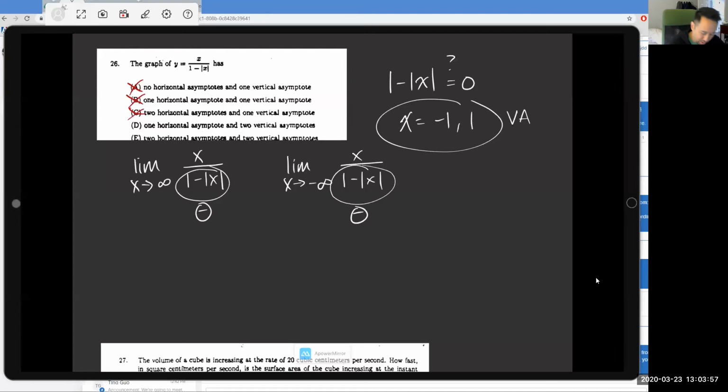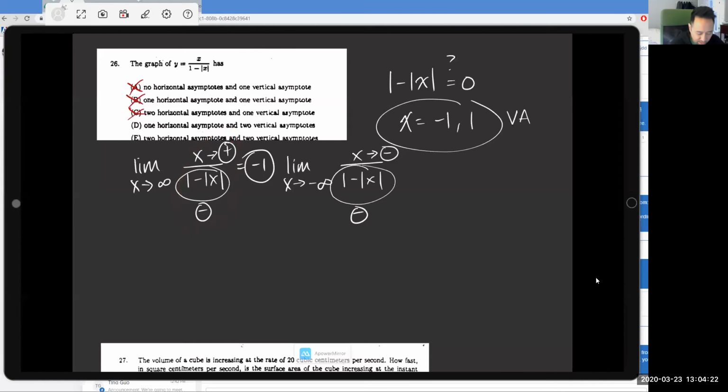Now on the top, the first one is going to a very large positive number, and this one's going to a very large negative number. Thinking about a very large positive number over a very large negative number, you can say that this approaches -1.